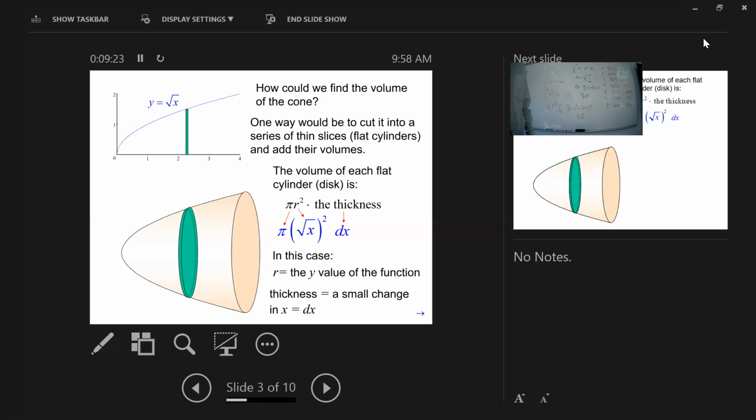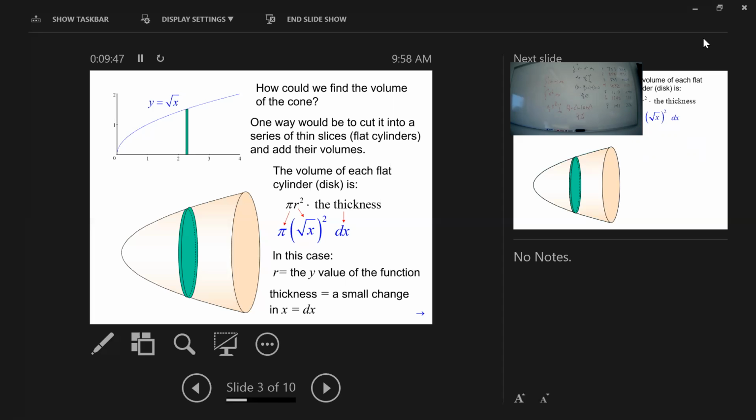Now, think about this, please. Where did they get this? It's pi. The surface area of the coin is pi r squared. The radius in this case would be the height of the curve take away 0. See, it's pi r squared.